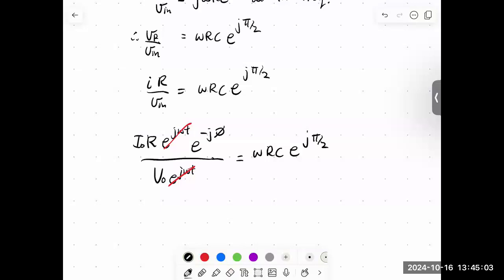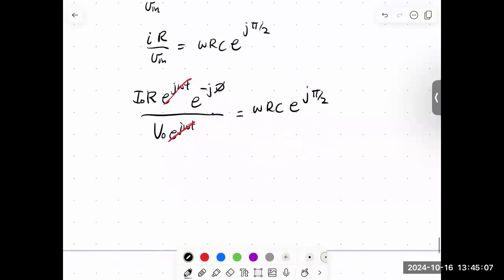And so this I naught R over V naught is just the ratio of amplitudes. We're back to the ratio of amplitudes that we had. e to the minus j phi is equal to omega RC e to the j pi by 2.